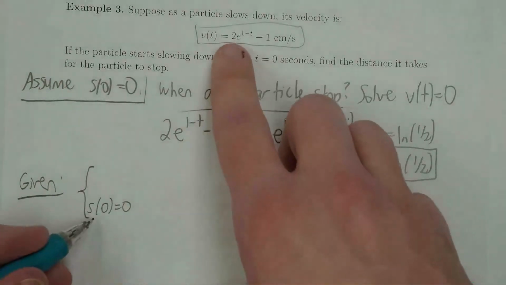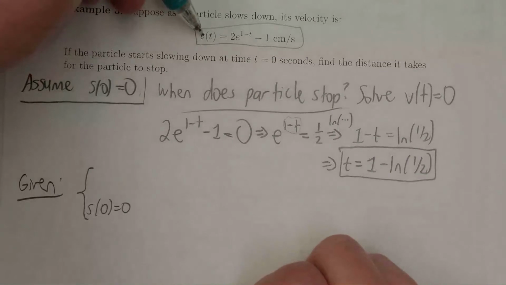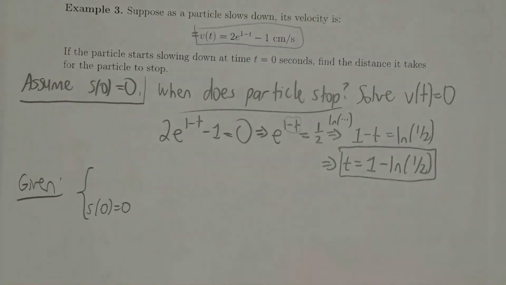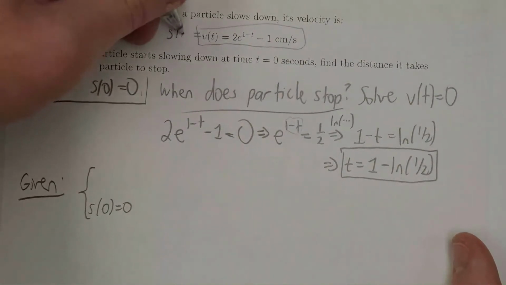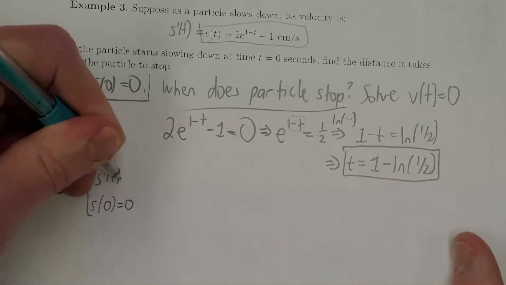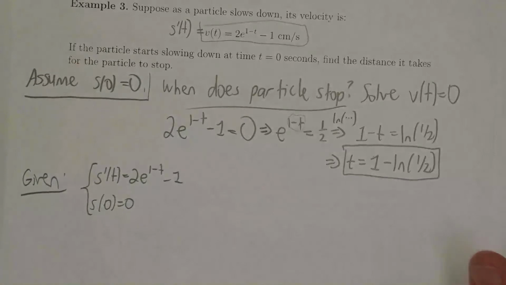If s of t equals the position function, then if you recall from last time, what's the relationship between the velocity function and the position function? Derivative, right. So s prime of t, the derivative of position, gives velocity. So we have s prime of t equals 2e to the 1 minus t minus 1.